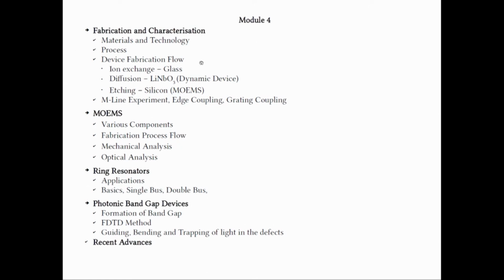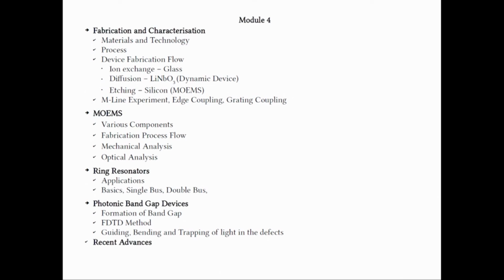So, we looked at various processes that are available for fabricating these in different material systems. For example, we saw that in glass, one of the common methods is called the silver ion exchange process. Then on lithium niobate, you can diffuse titanium and change the refractive properties.